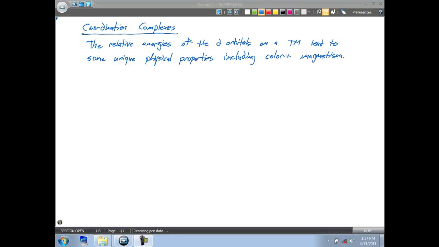So the color of a complex provides insight into the structure and bonding of a material or solution.